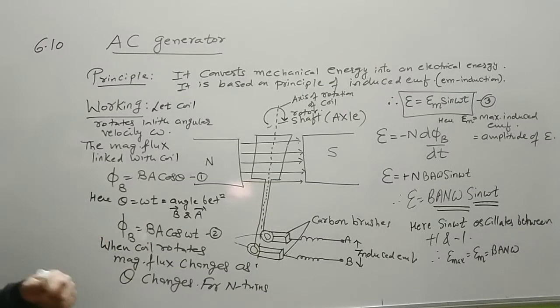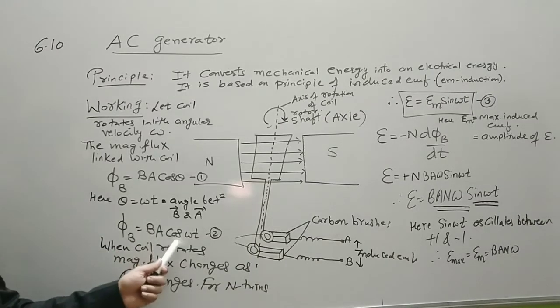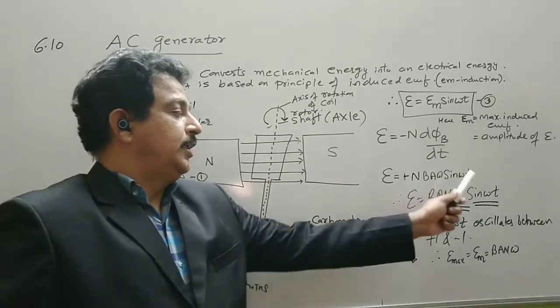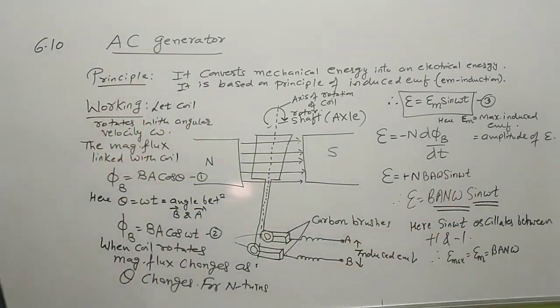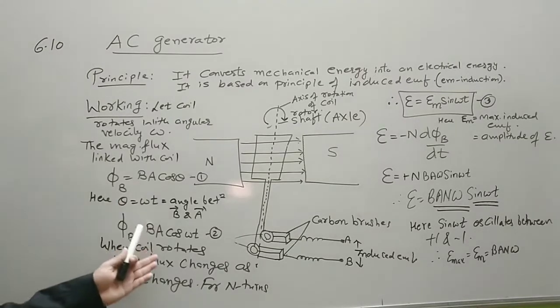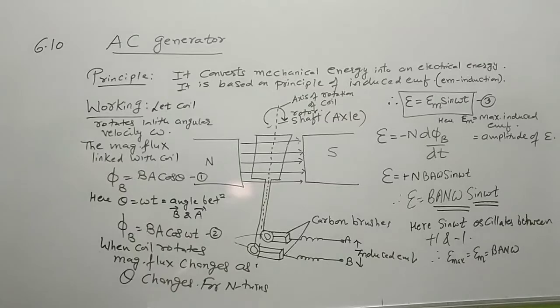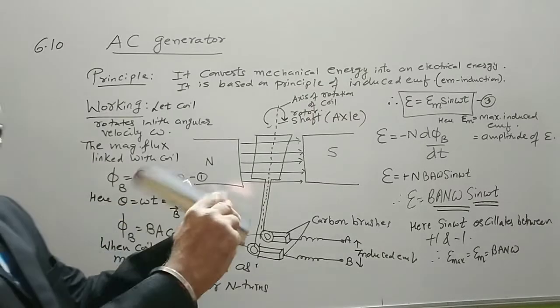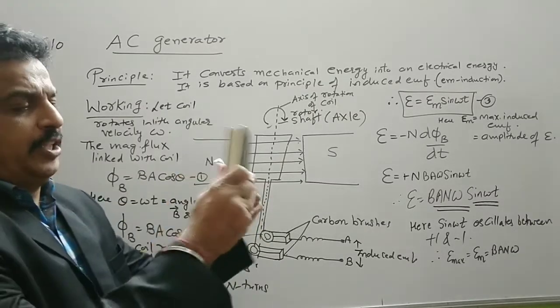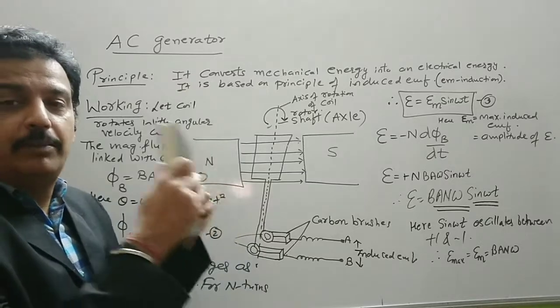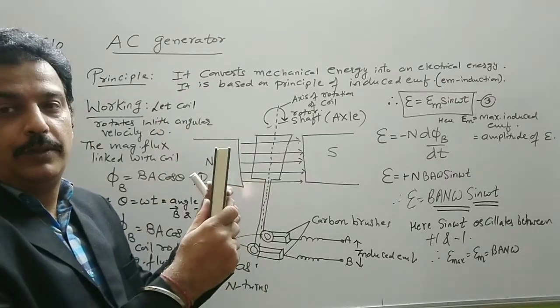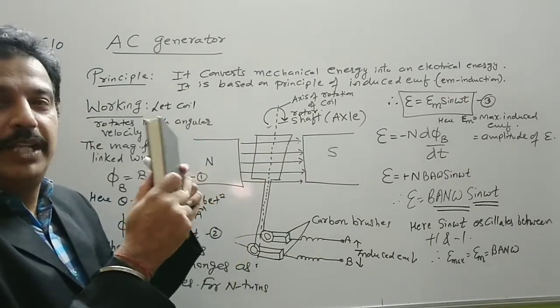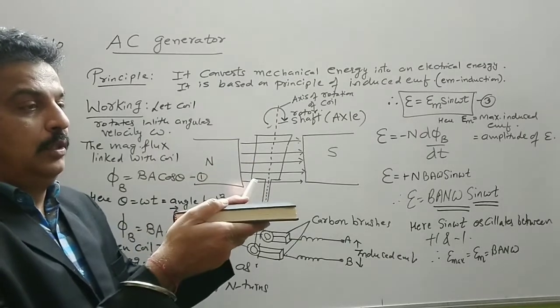Mathematically, the magnetic flux is a function of cosine and the EMF induced is a function of sine, so they are complementary to each other. One becomes maximum, the other becomes minimum. When the coil rotates, when the flux is maximum, the EMF induced is 0. And when the flux is minimum, that is 0.